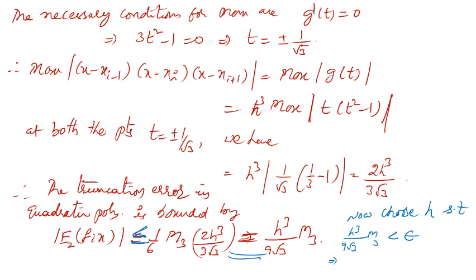That implies h is less than 9 root 3 epsilon by M3, the whole to the power 1 by 3. From this write the h value, this is the h bound. Choose h such that the given error is less than epsilon, so I am making this term value, the maximum truncation error, less than epsilon. From this get the h value, this is the bound.